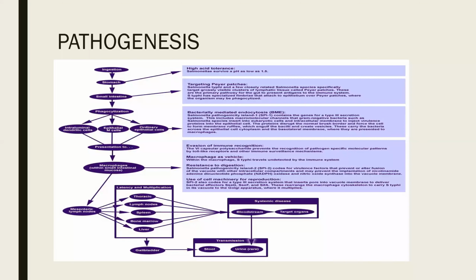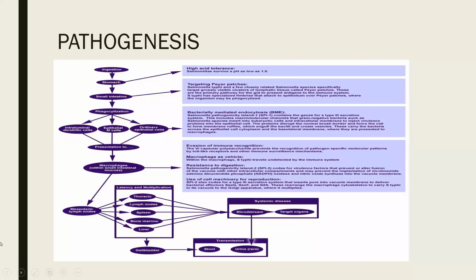So basically, the first line of defense: we said it's fecal-oral. When the Salmonella is ingested, it gets to the stomach, where because of the gastric secretions the pH is low, so it's acidic, which is a harsh condition for the bacteria, but it's able to resist that condition because it can survive at a pH as low as 1.5.